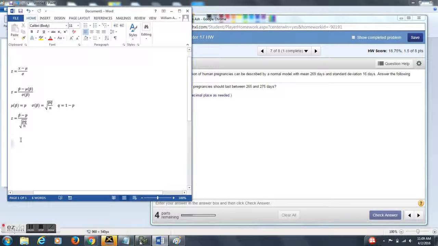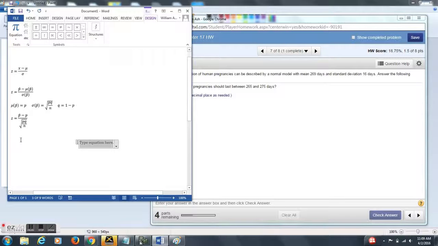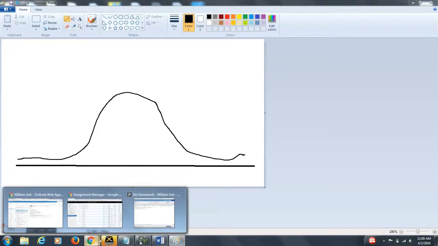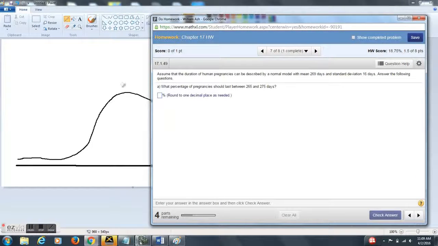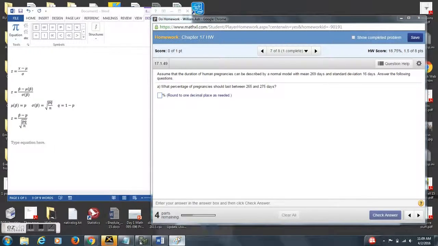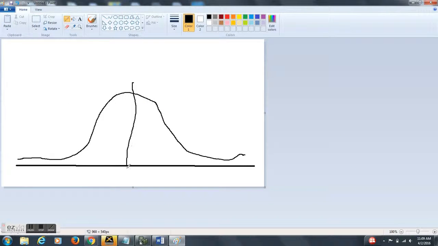Okay, I've got two z-scores I want to figure out. What I'm looking to do, let me pull up my little pane here: 265 and 275. What was the mean? The mean was 269.